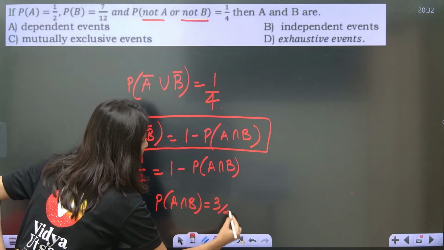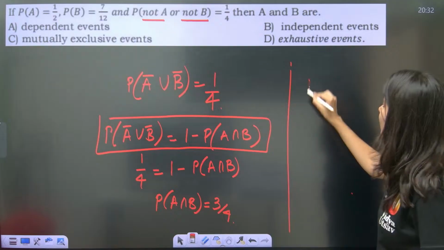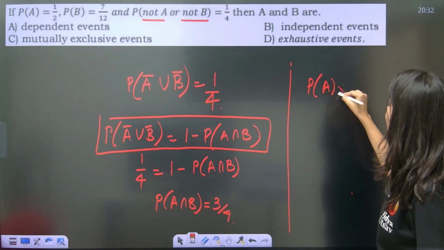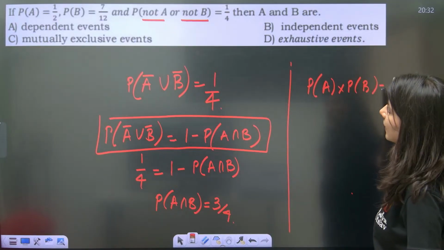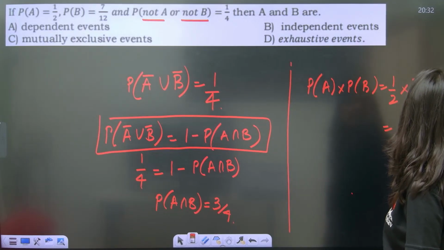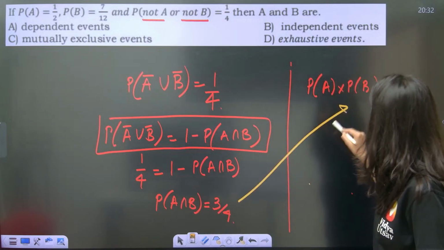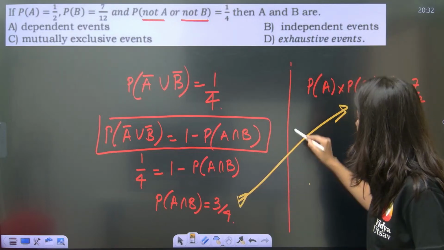So probability of A intersection B is 3 by 4. Now to check whether the events are independent or not, we need to know probability of A into probability of B. Clearly 1 by 2 into 7 by 12 is going to give you 7 by 24. These are not equal.